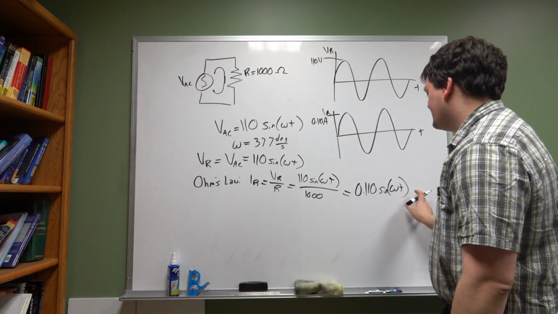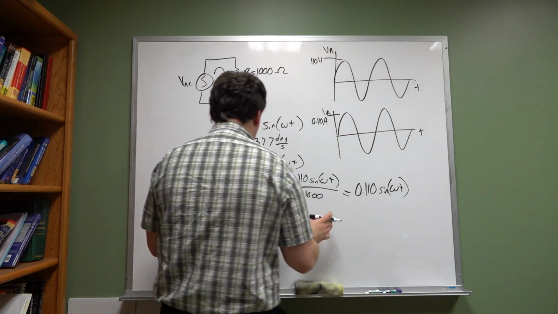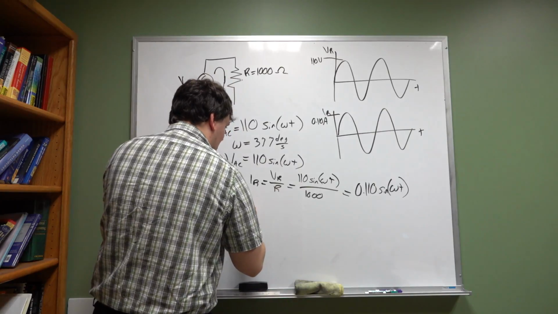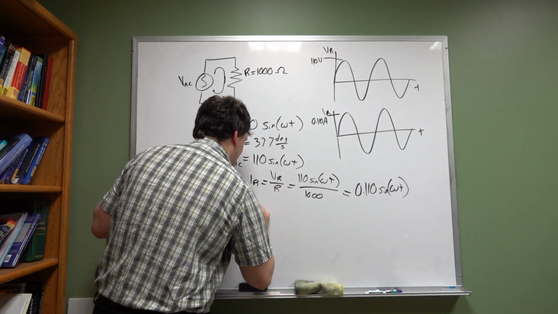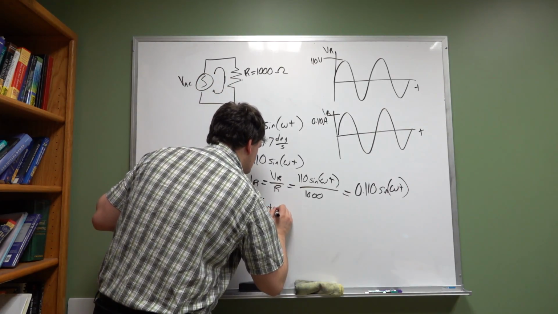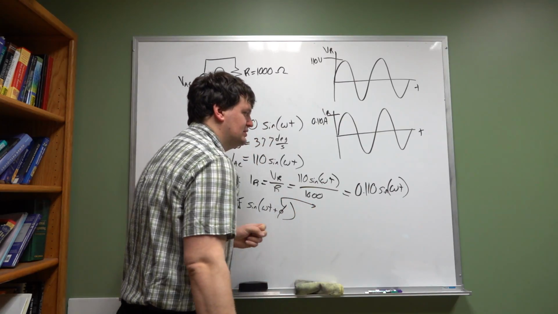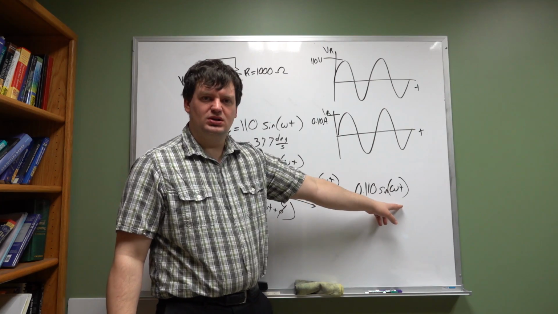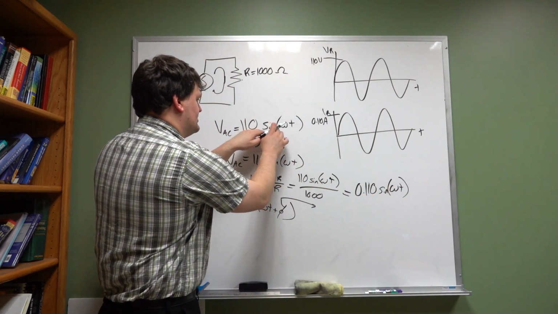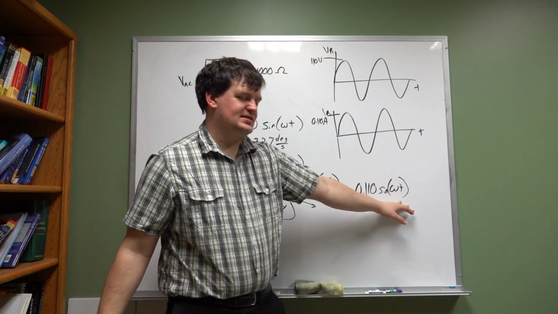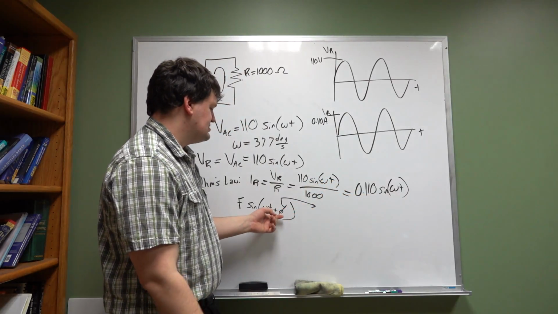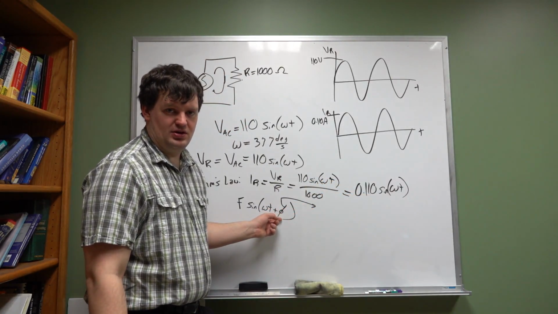So if we're going to rewrite this equation as F sine omega t plus phi, what is our phi value here? Well, it's 0. This is a sine omega t, this is a sine omega t. There is no phase shift between them.